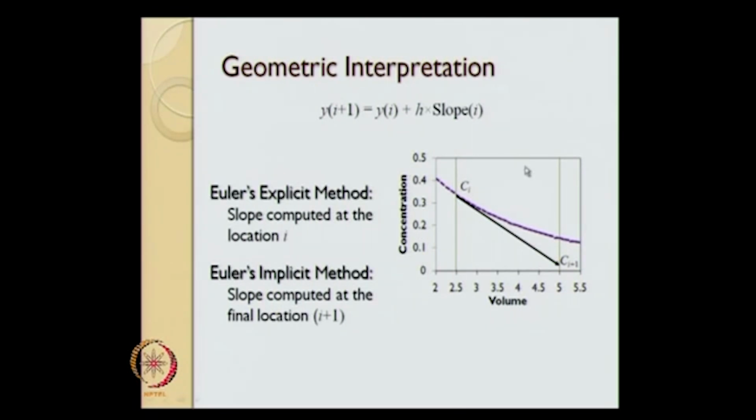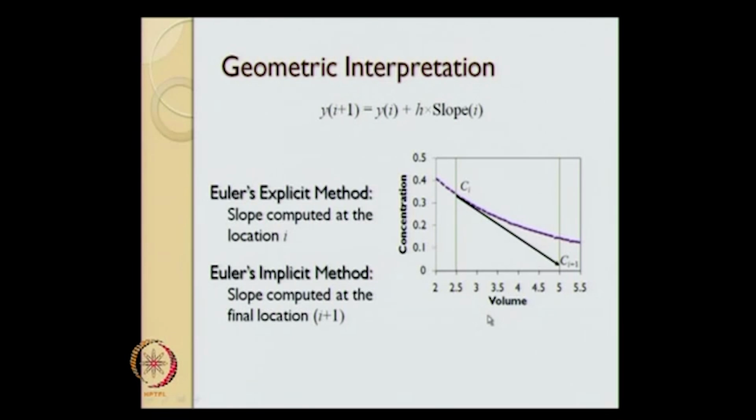What we do in any kind of an ODE solving technique is y i plus 1 is given as y i plus h times a certain slope. Now this slope in Euler's explicit method is nothing but the slope computed at C i comma V i. In Euler's implicit method it is nothing but the slope computed at C i plus 1 comma V i plus 1.